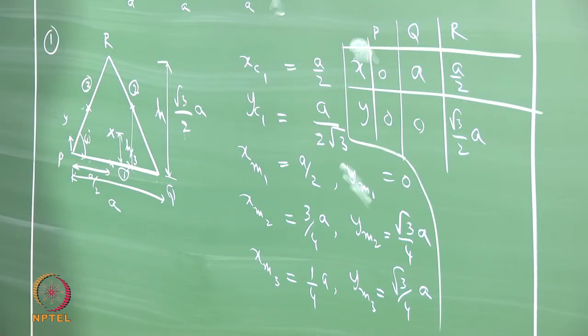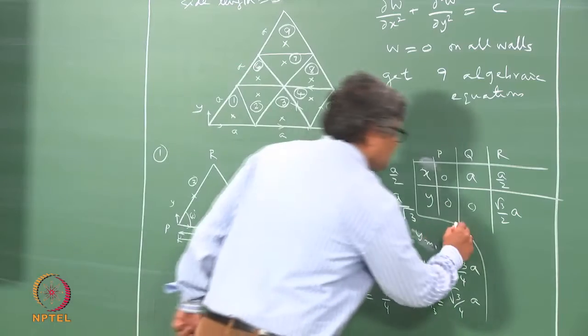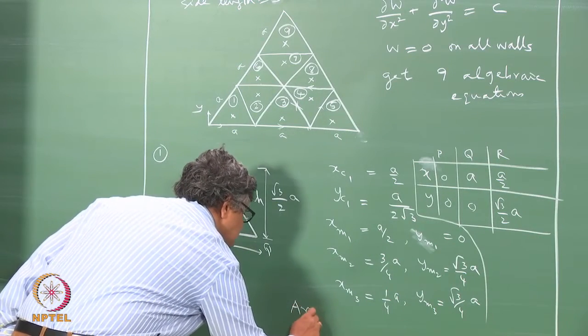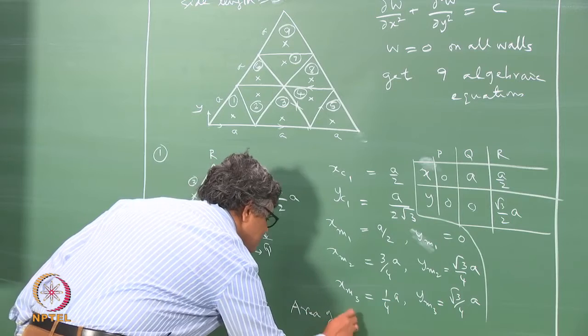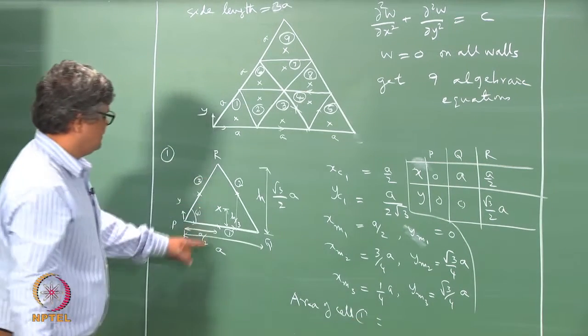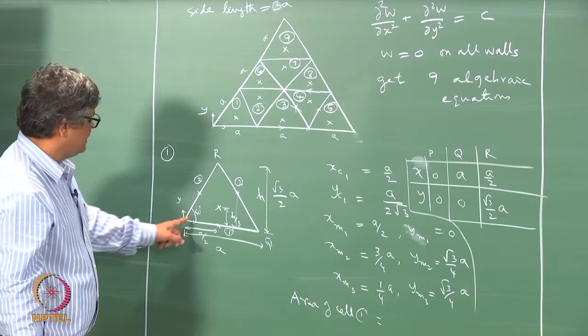Okay. And finally, we want to have the area of cell 1. This is half into base into height.